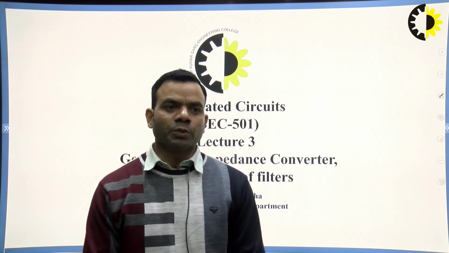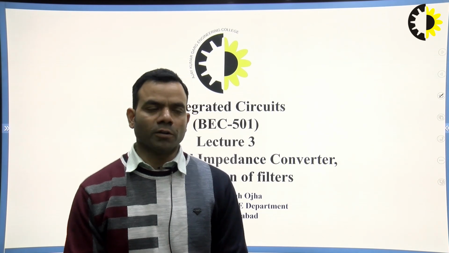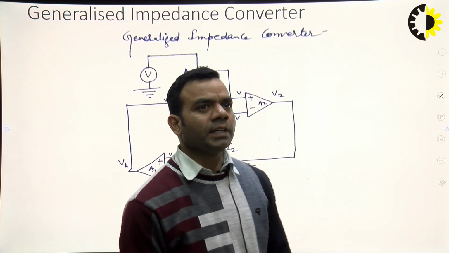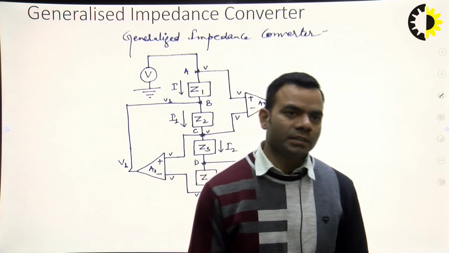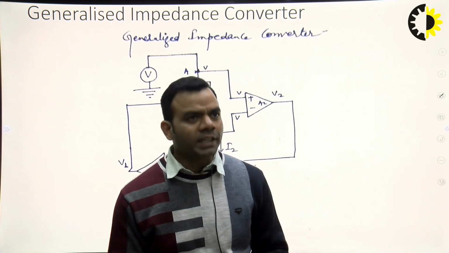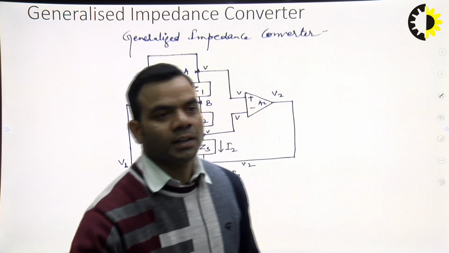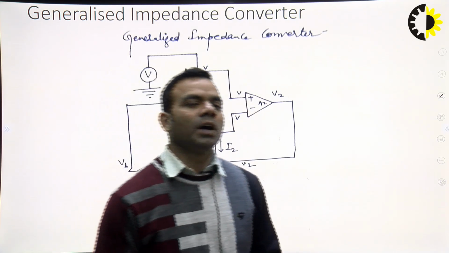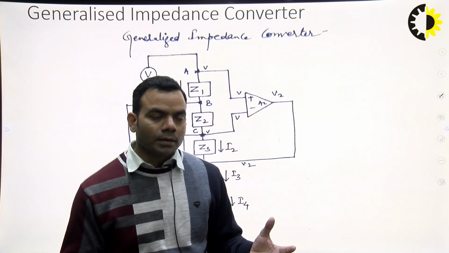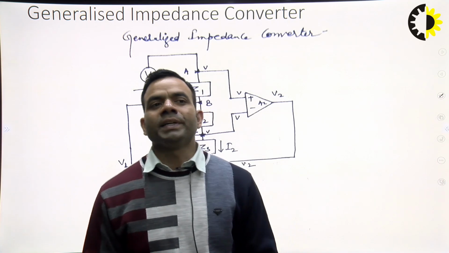Today, I am going to discuss generalized impedance converters and basics of the filters. As the name suggests, generalized impedance converter is a type of circuit which can convert impedance, or you can simulate, you can obtain whatever impedance you desired.